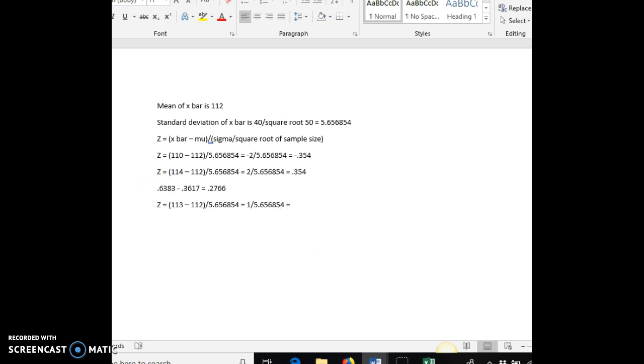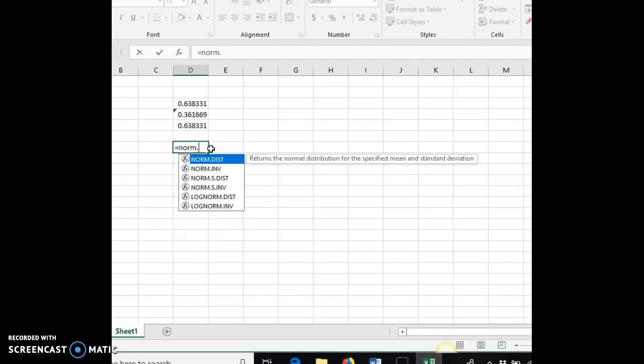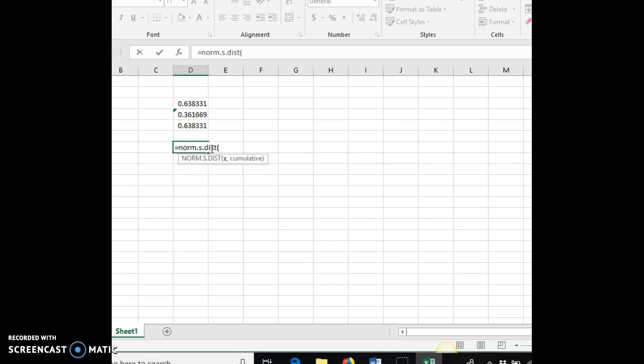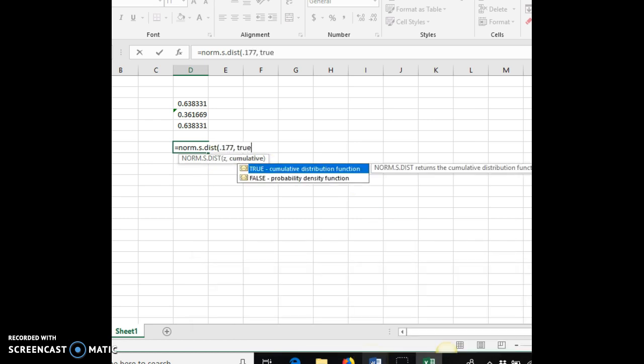And then let's put that thing into our calculator. That gives me 0.177. And I want to go ahead and look up 0.177 in Excel. But let's remember, we said we have to subtract this from 1 once we get it. So I'm going to do equal norm.s.dist, and I'm going to put 0.177, true.